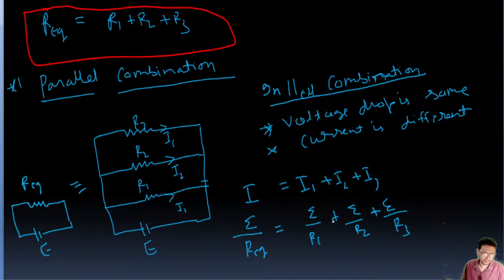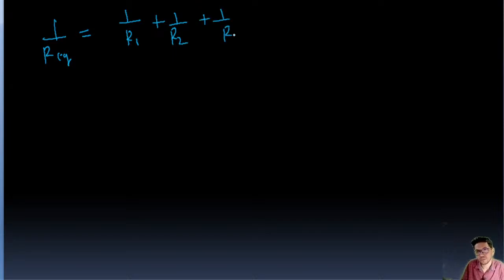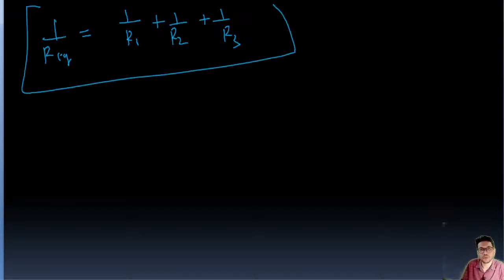E will get cancelled. So for the parallel combination, 1 upon R equivalent is equal to 1 upon R1 plus 1 upon R2 plus 1 upon R3. This is an important result.